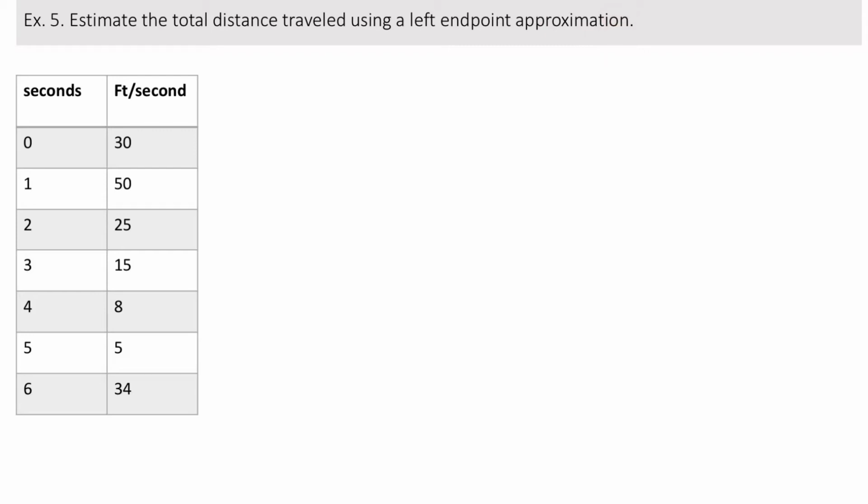If we multiply x times f of x, let's check the units: we'll get seconds times feet per second. Seconds will cancel and you'll end up with feet. So length times width, which is area, is going to give you distance in this case.